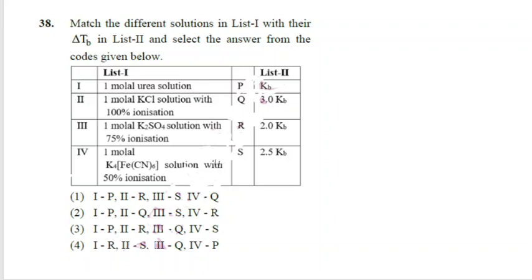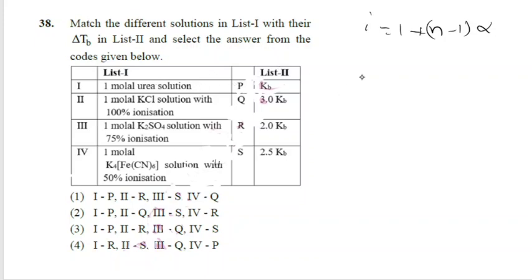Next one is again a matching question from the solutions chapter, especially on the Van 't Hoff factor. We know that i is equal to 1 plus (n minus 1) into alpha, where alpha is the degree of dissociation. And ΔTb, they are asking to match with list 2.